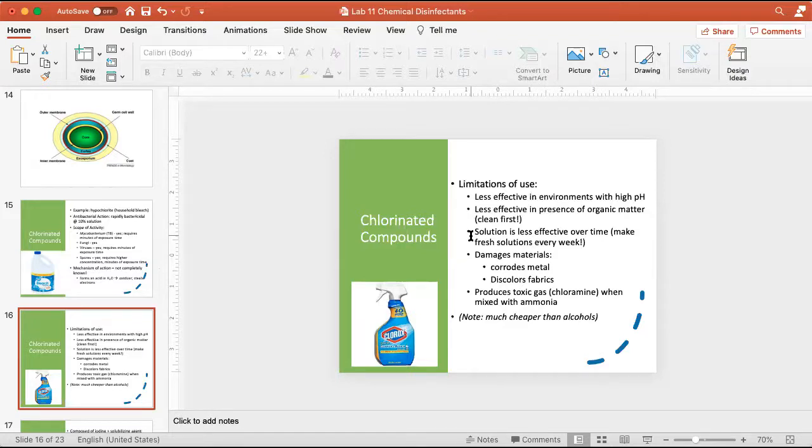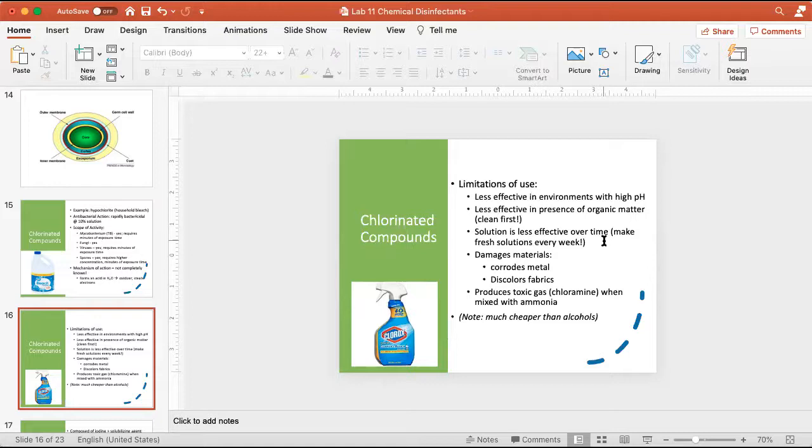The solution gets less effective over time, and it gets less effective quickly. The recommendation is if you're going to use bleach as a disinfectant, that you only keep the solution for about a week. So if you're going to mix up a 10% solution in a spray bottle, you've got to make it fresh every week. So that's a limitation to bleach.